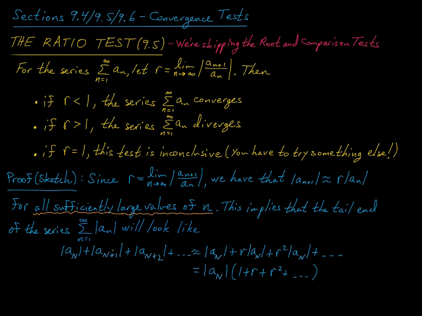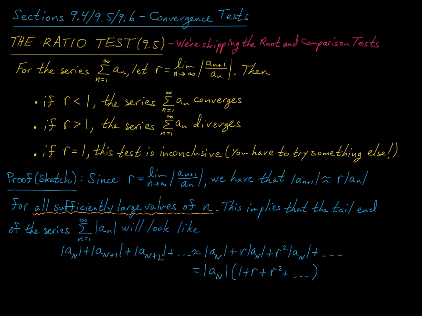A sub capital N plus 1 in absolute value is approximately equal to r times a sub capital N in absolute value. Now for a sub capital N plus 2 in absolute value, again, this relationship will hold. So it's roughly r times a sub capital N plus 1 in absolute value. But this thing, as we just noted, is roughly r times a sub capital N in absolute value.